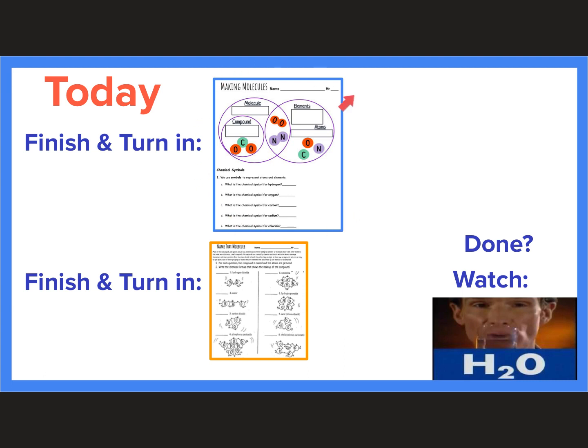When you're done with the rest of this packet, I want you to complete this page, naming that molecule. After you're done with this one, turn it in, and then for the rest of your time, I want you to take a look at Bill Nye on atoms and molecules.